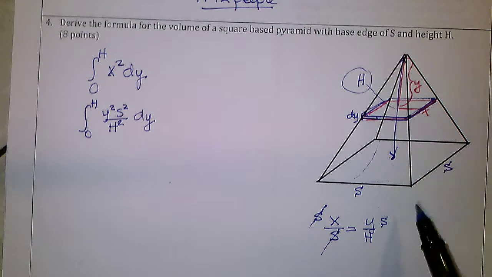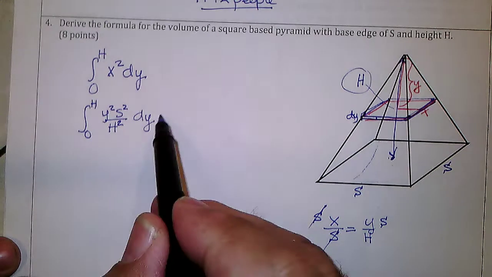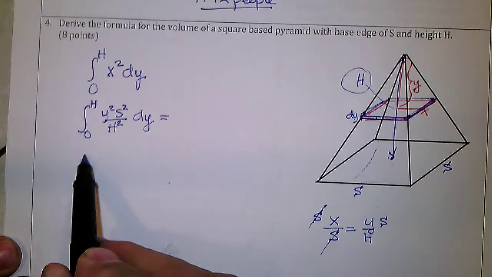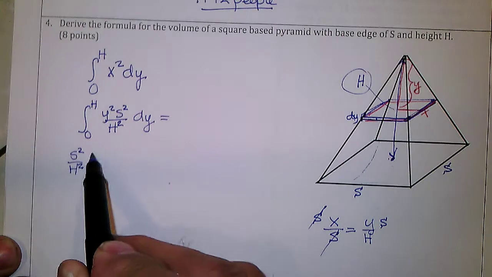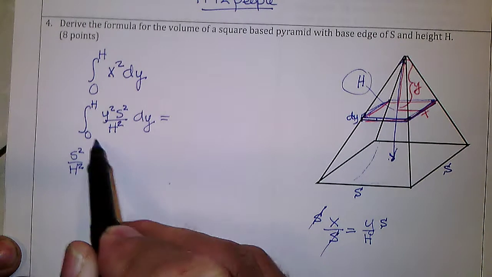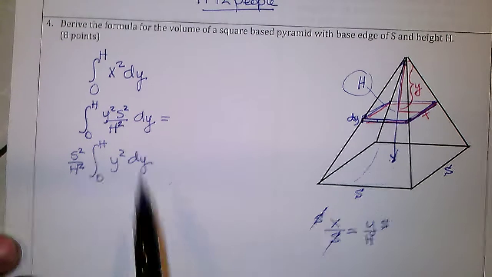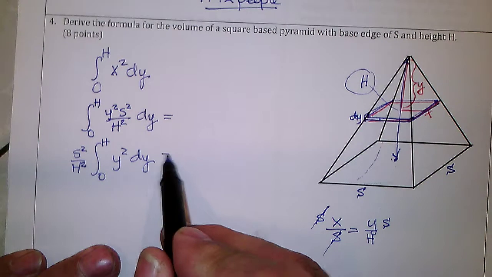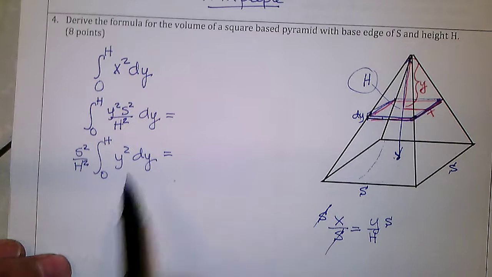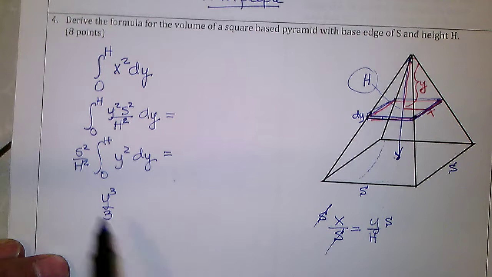Well, s and h are the fixed dimensions of this pyramid, so I can pull those out. They're constants. So I got the s squared over h squared, integral from 0 to h of y squared dy, which integrates to y to the third over 3.